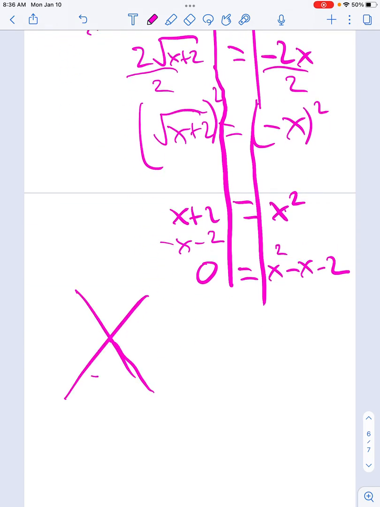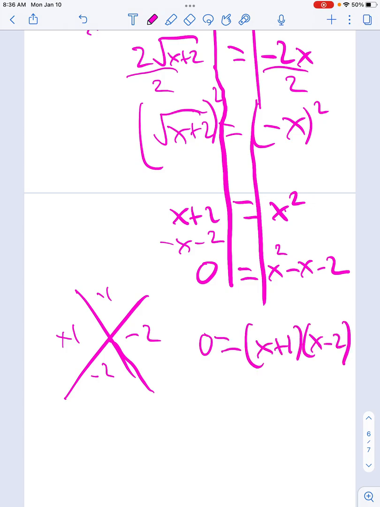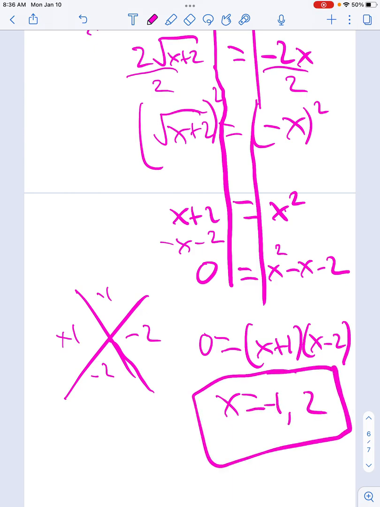We know how to use our factoring x. What two numbers multiply to get negative 2 but add to get negative 1? That's got to be a positive 1 and a negative 2. So 0 equals x plus 1 times x minus 2, which means x equals negative 1 or positive 2.